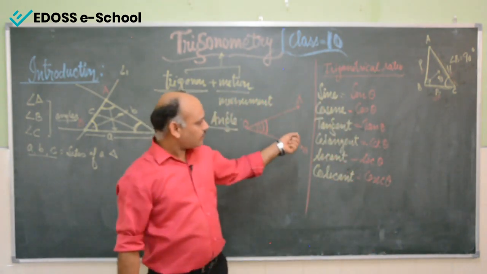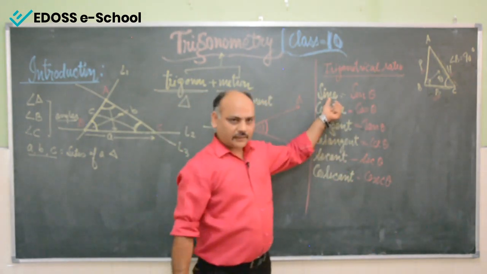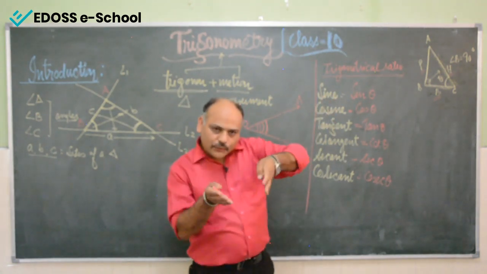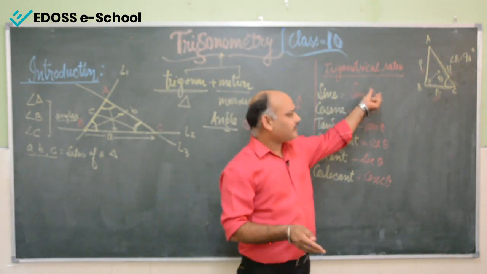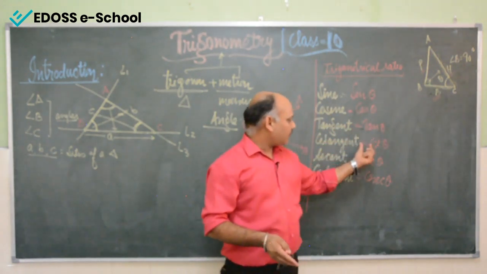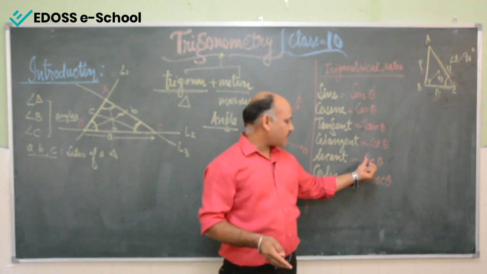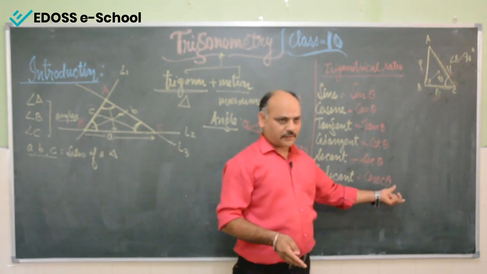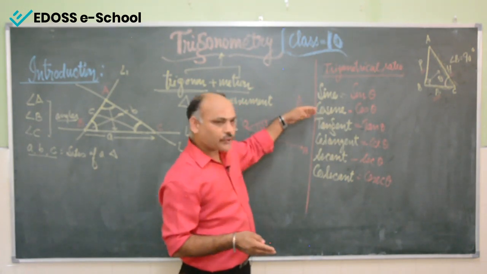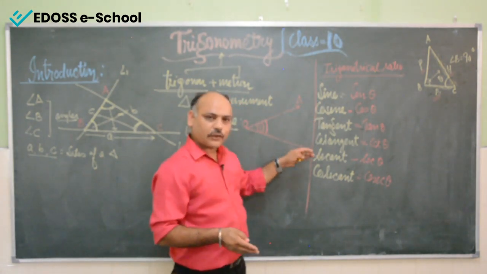The first one is sine theta. This sine is a ratio. When we are including an angle, then this will be sine theta. This is cos theta. This is tan theta. This is cot theta. This is sec theta. This is cosec theta. And you have to remember it like this only: sine, cos, tan, cot, sec, cosec.